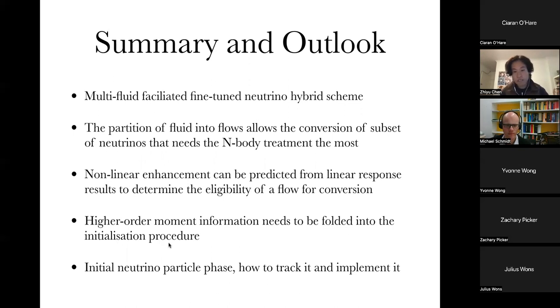So in the future, some way has to be investigated to include this anisotropic stress and high order information in the initialization procedure. Also, for the initial neutrino phase, we assume it tracks exactly the CDM or the total matter phase. That's not the worst starting point, but a priori, without any proof, there's no reason for us to believe that is exactly how it should work.